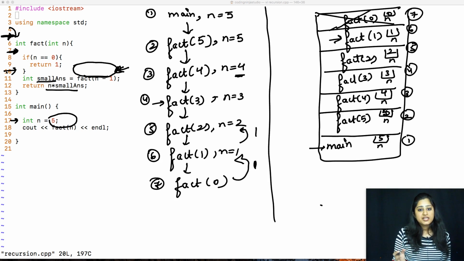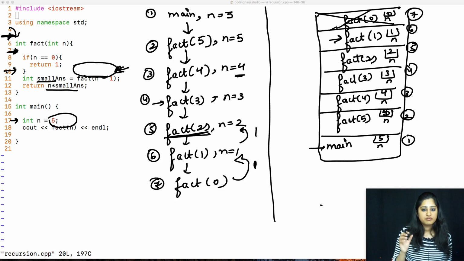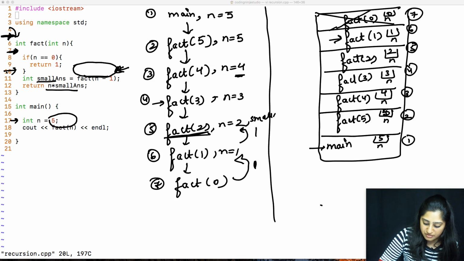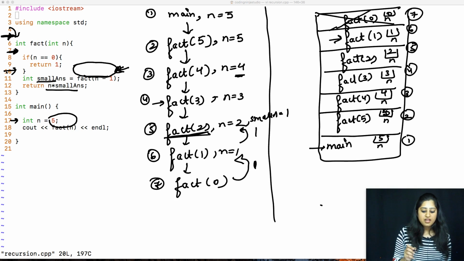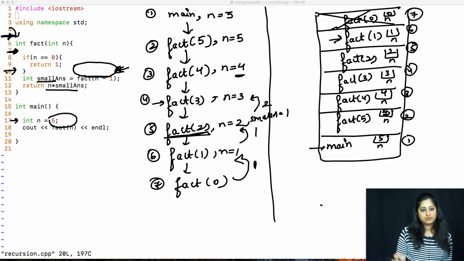It will return 1 to function factorial 2. So it will return its answer to this function. So small answer, if I have to write, for factorial 2 would be 1. Factorial 2 has its small answer, it will calculate its factorial, that is 2, and return to factorial of 3.